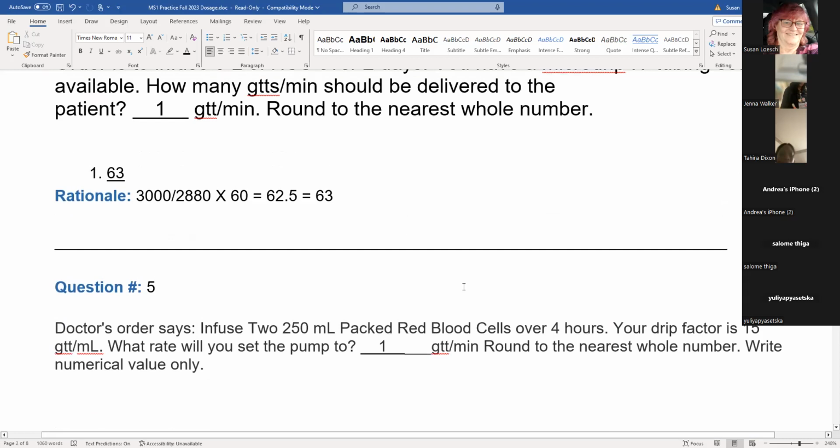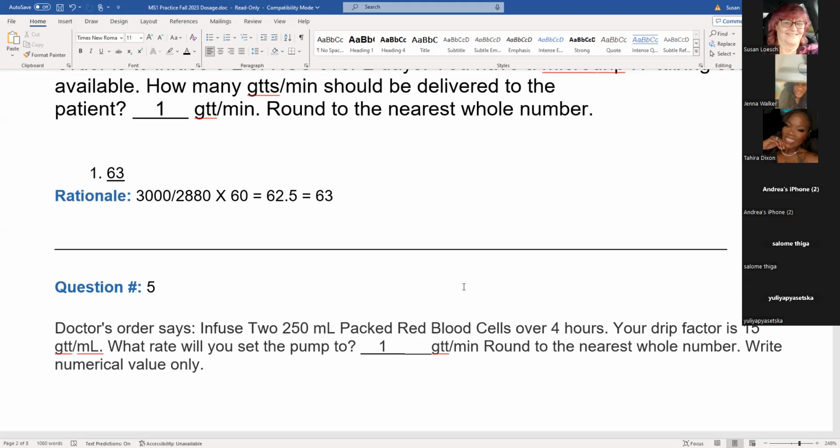Again, another drop factor, right? So what's the formula? Total volume over time. That's not the formula. You were close, but not quite.